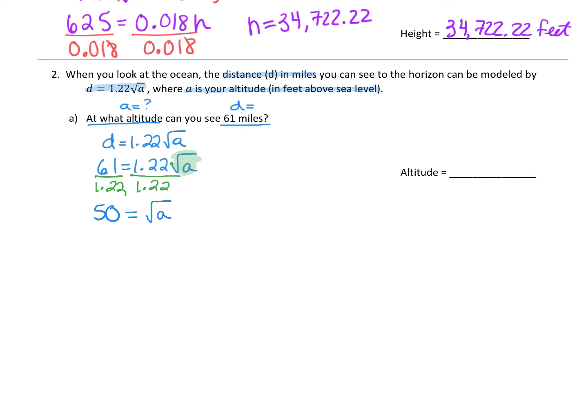Now, to get A alone, the A is inside a square root, and to get rid of the square root, I'm going to square both sides. And so 50 squared gives 2,500, which is what A would equal. So the altitude would be 2,500. Well, my altitude is in feet, so 2,500 feet.